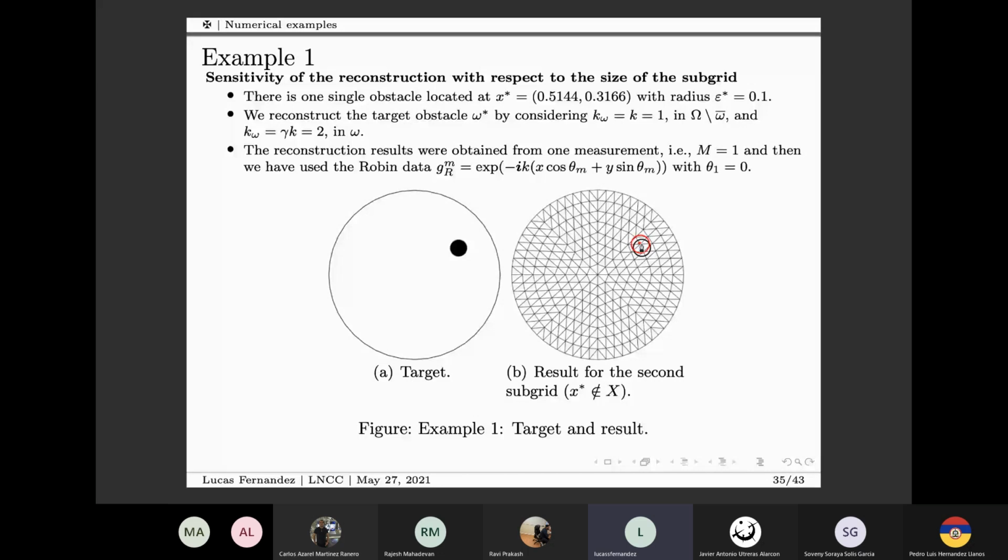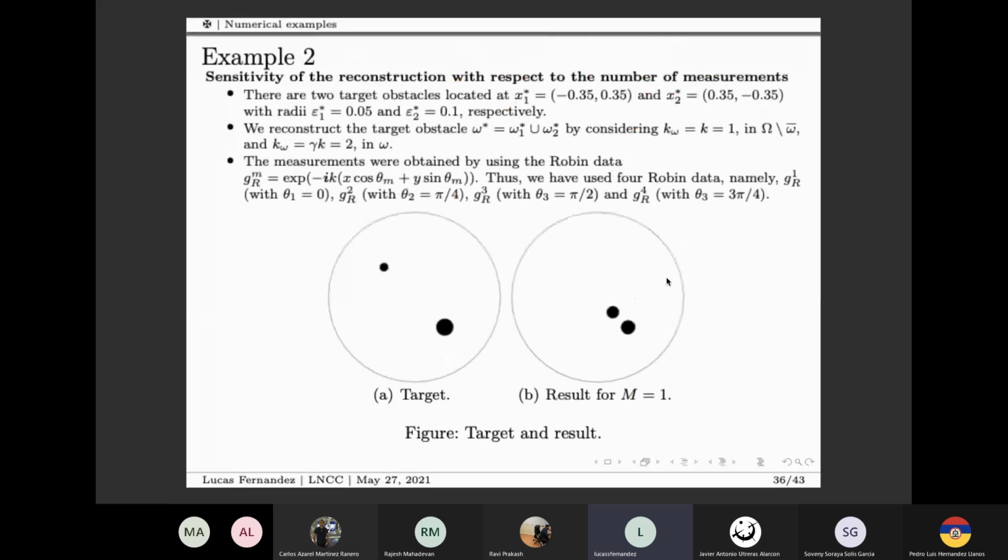So finally, this last subgrid X contains a node which coincides, okay, with the center of the target obstacle. So in this case, the algorithm is able to return the exact solution, the exact location of the obstacle. So in addition, we highlight that the size of the target obstacle was accurately predicted in all cases.